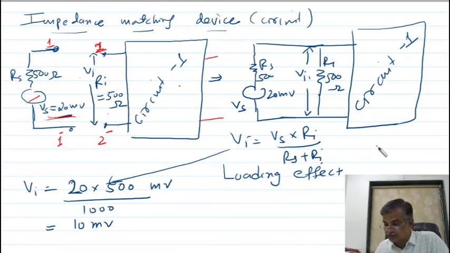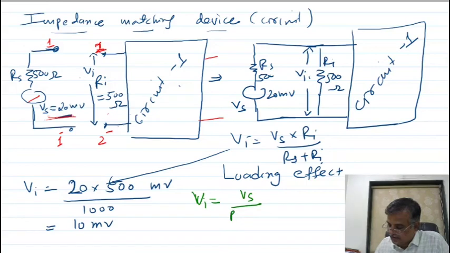Now you decide. I do not want the loading effect. If you do not want the loading effect, then this should be large, according to this formula. I can write Vi is equal to Vs upon Rs upon Ri plus 1.